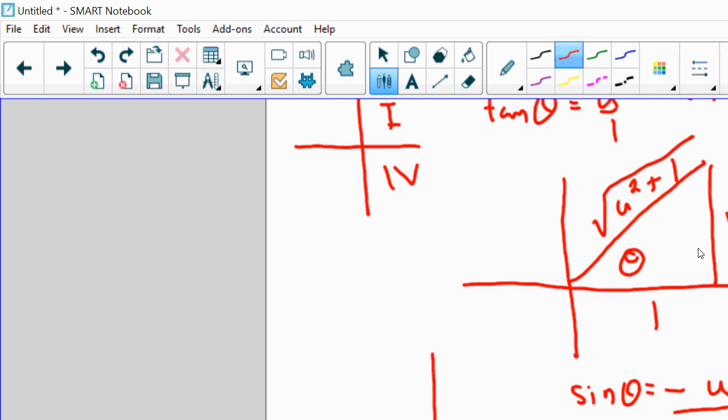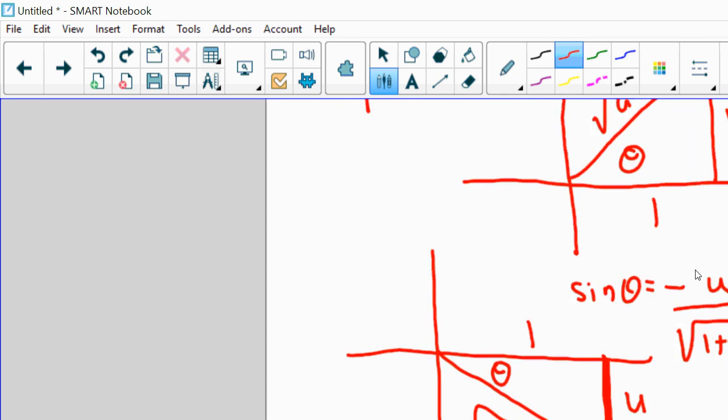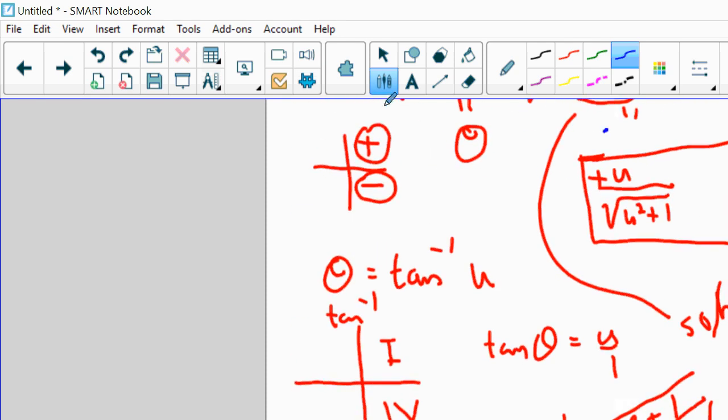So when I said this had to be negative U, but if U was negative, it's still the point 1, U. So if U is negative, it's just like -5. It's already down there. So I have an extra negative, and you don't really need it because if U is negative, it's just called U. Therefore, the answer is only one answer, U over the square root of U squared plus 1.